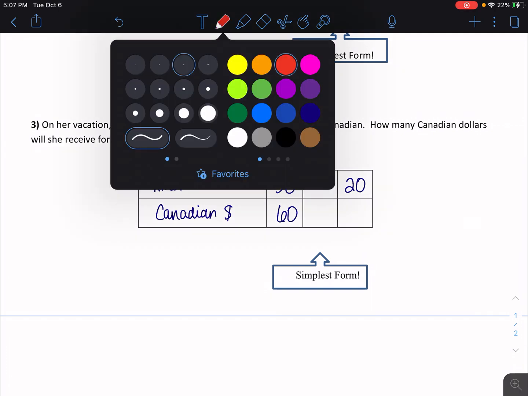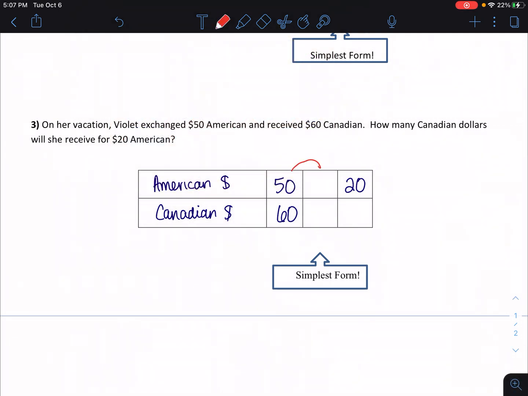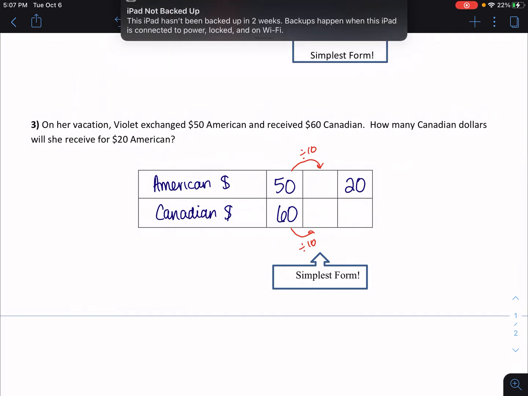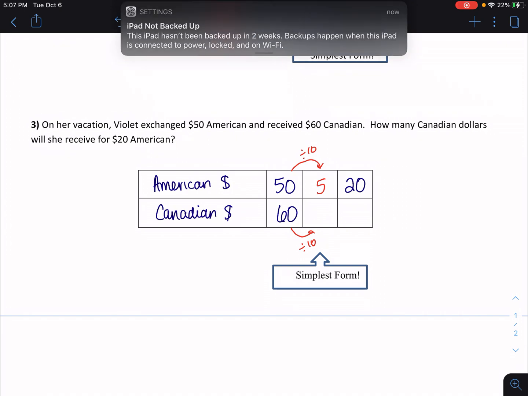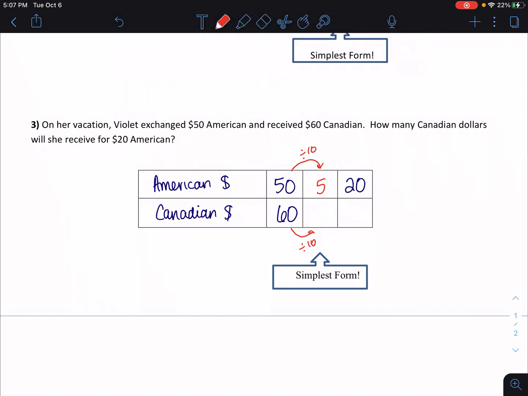So the first thing I'm going to do is simplify my ratio. So I'm going to divide by the greatest common factor. The greatest common factor in this situation is 10. So 50 divided by 10 is 5, and 60 divided by 10 is 6.